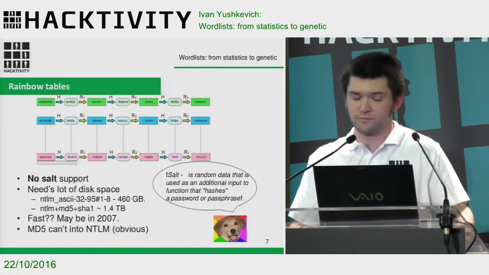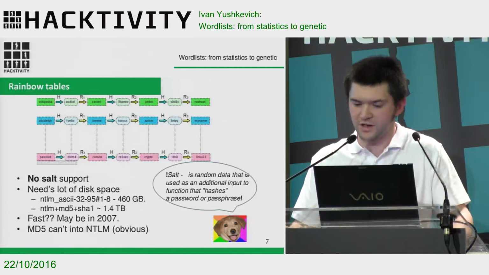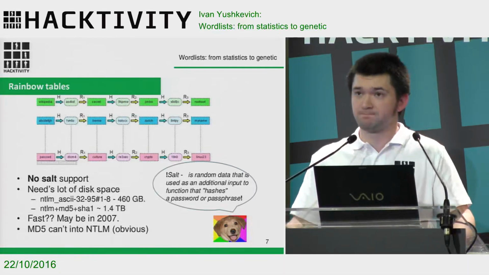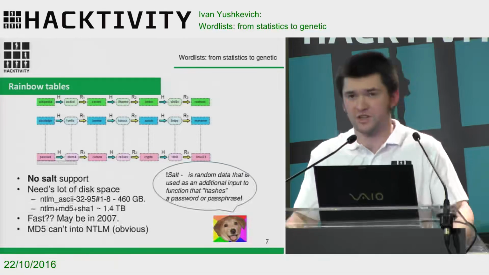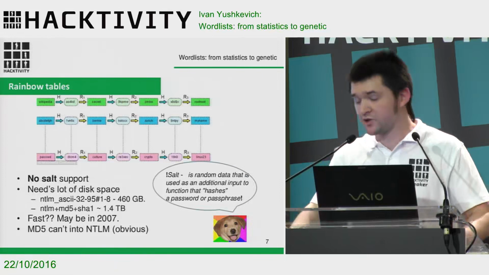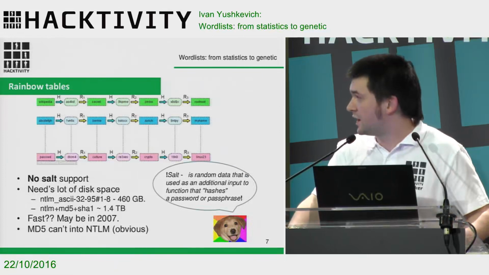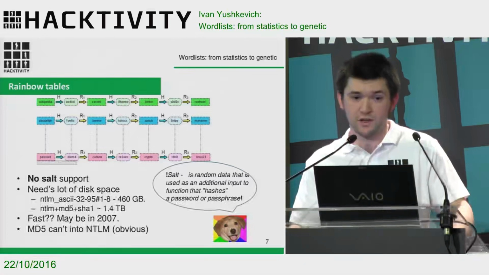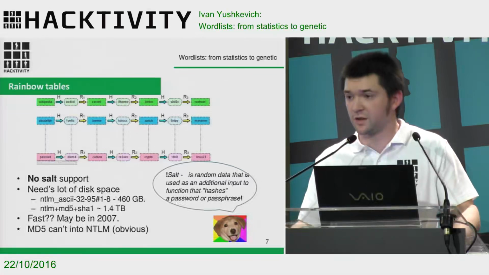The most modern hash algorithms add a random string to the password before hashing, and they also take pretty much time and space. And one of the main drawbacks is that a rainbow table calculated for NTLM cannot be used for cracking MD5.